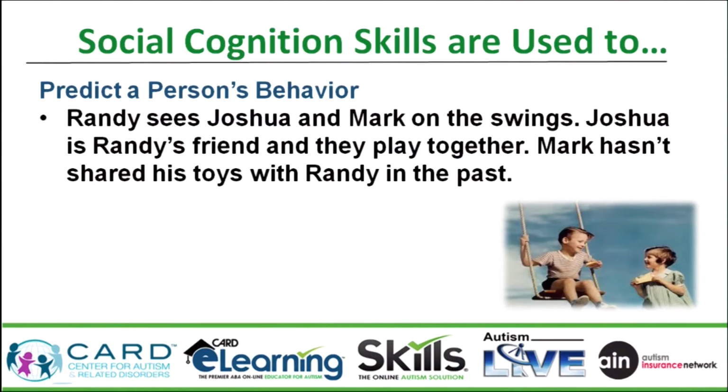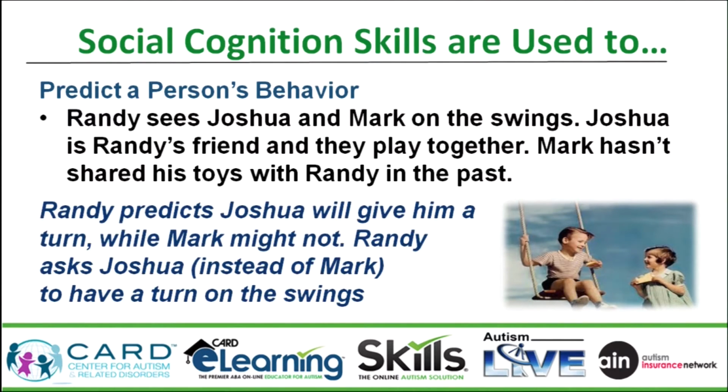Randy sees Joshua and Mark playing on the swings. Joshua is Randy's friend and they play together. Mark hasn't actually ever shared his toys with Randy in the past. So Randy wants to swing and he's thinking about this and he predicts Joshua is going to give him a turn while Mark might not give him a turn.